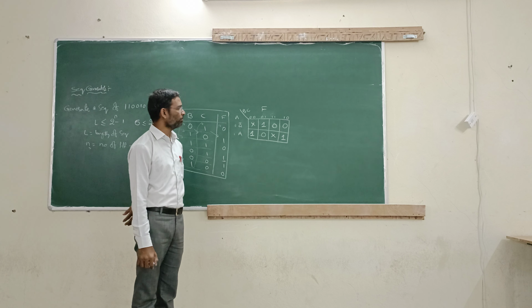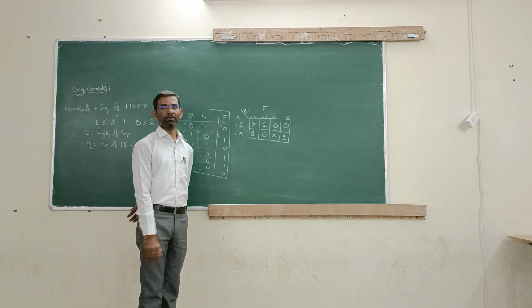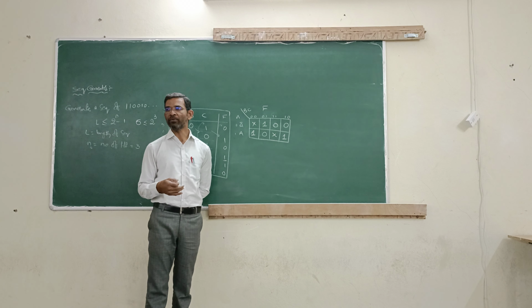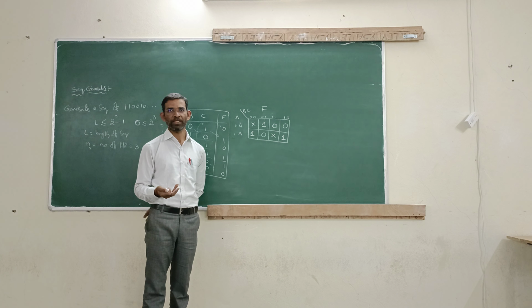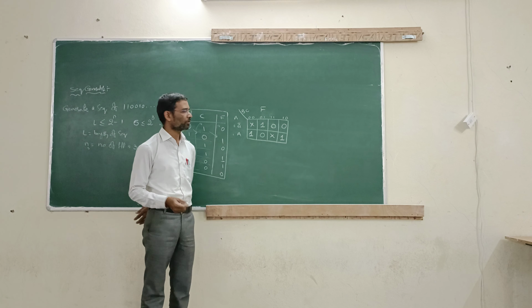In order to simplify the expression for f, we have to see how many pairs or how many quads we can make at maximum. We have to try to make a quad. If a quad is not possible, then we have to go for a pair.